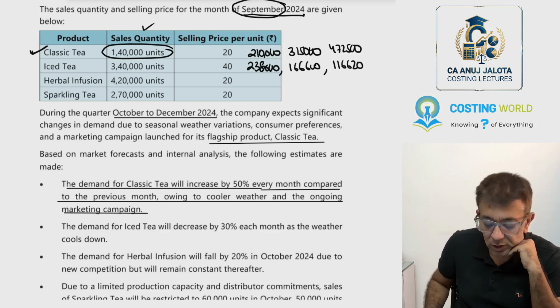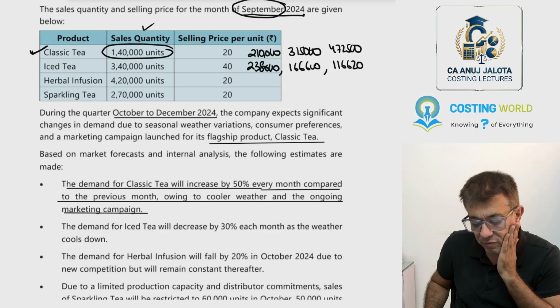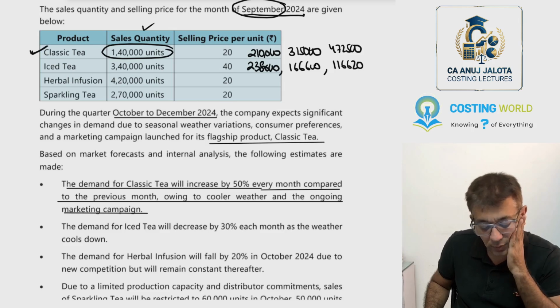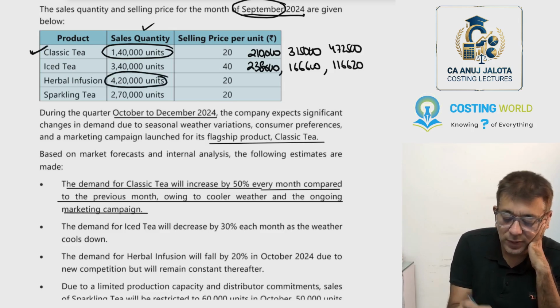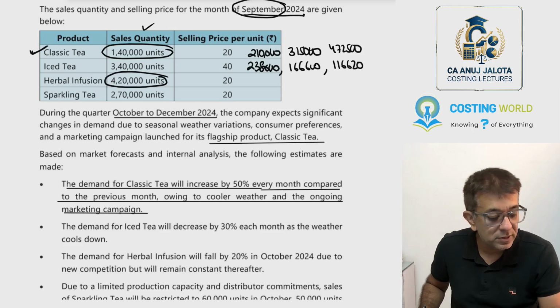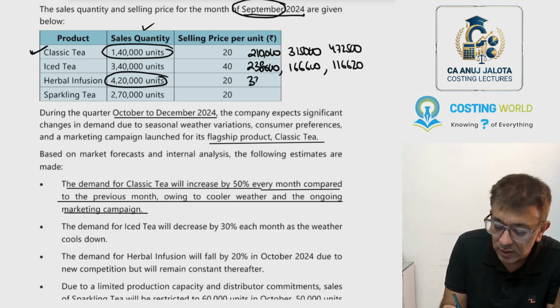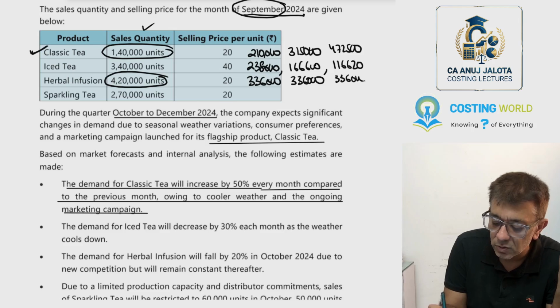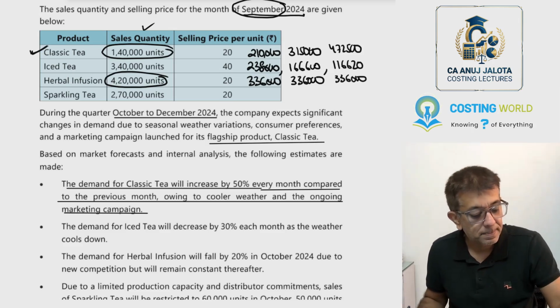Then herbal infusion. The demand for herbal infusion will fall by 20% in October 24 due to new competition, but will remain constant thereafter. It was 4,20,000. They are saying in October it will fall by 20%, so less 20% is 3,36,000. Then it will remain constant, so for the next 2 months it will remain 3,36,000.